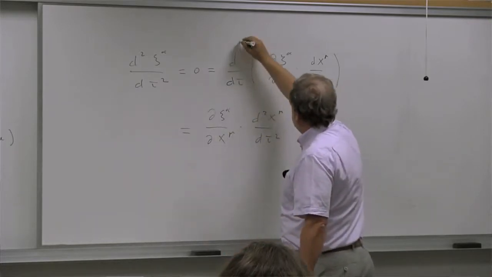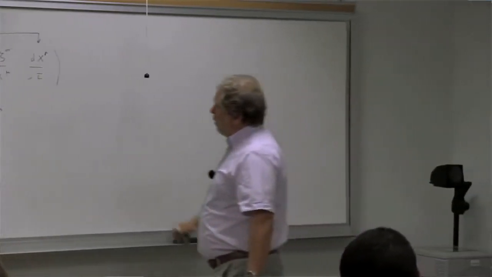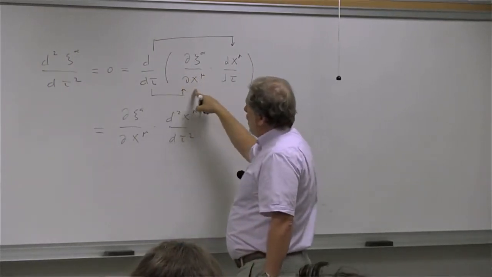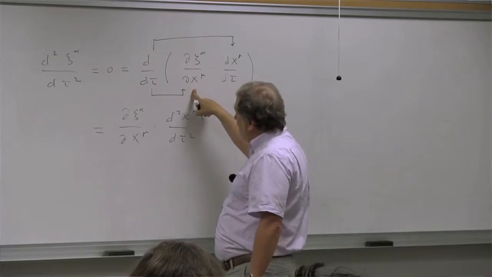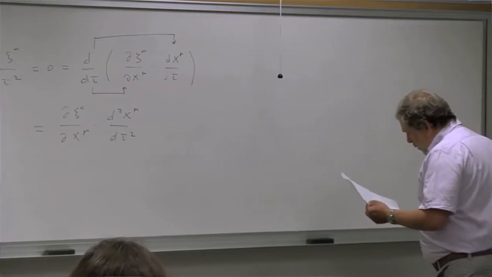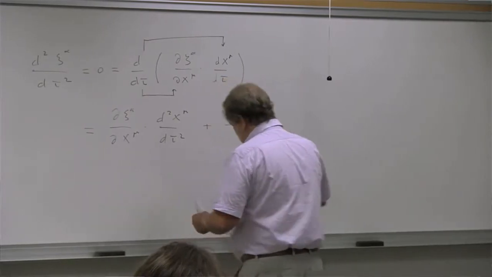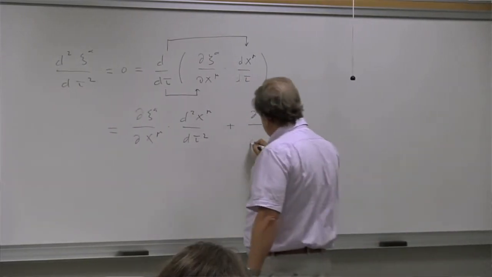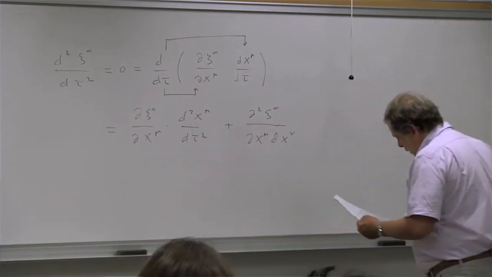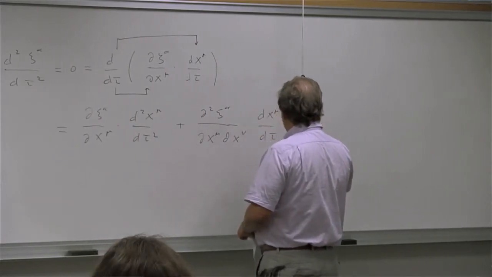So that's what we get when we act on this term here. And then we have a second term, which is what happens when you act with d by d tau on this. When we act with d by d tau on this, we're going to write again the d by d tau as a derivative with respect to the x, and then dx by d tau. So we're going to write this as the second derivative of psi alpha with respect to x mu and x nu, times dx mu by d tau and dx nu by d tau.